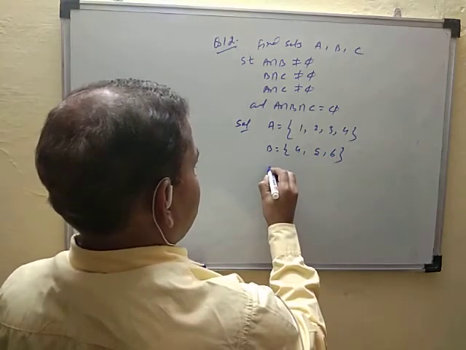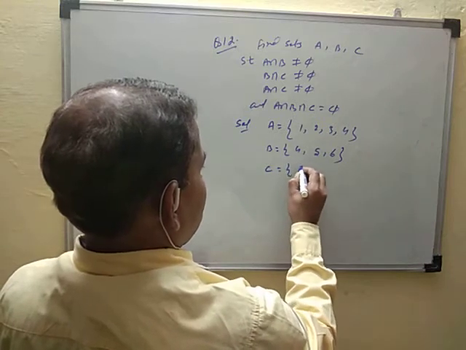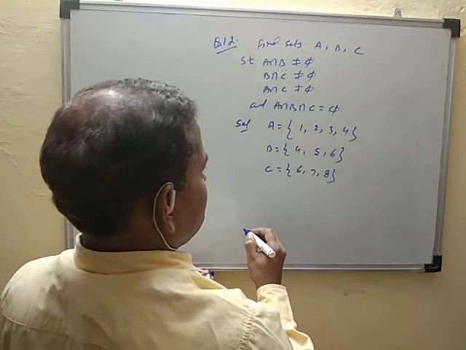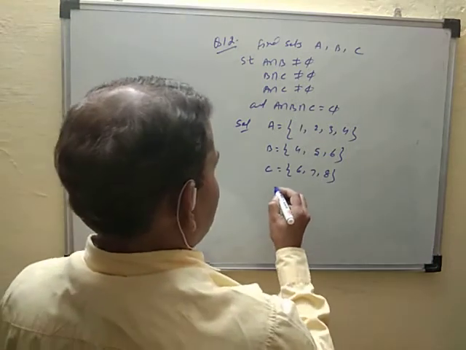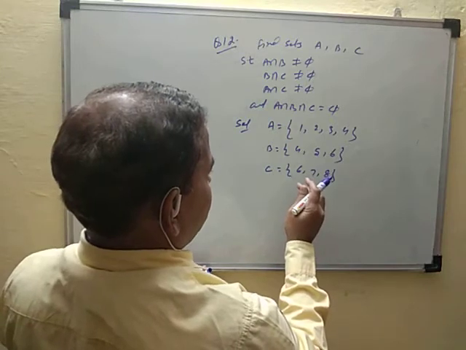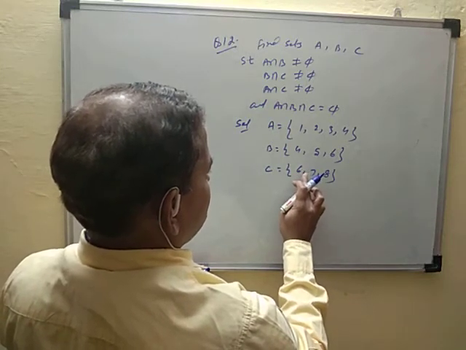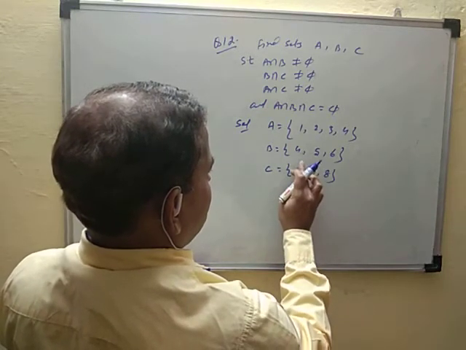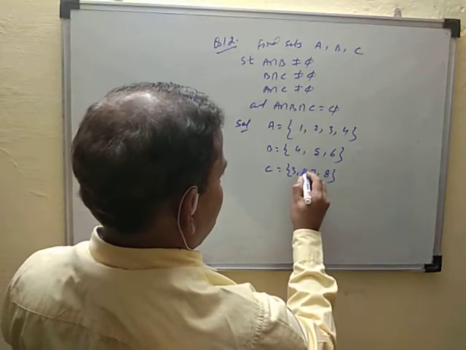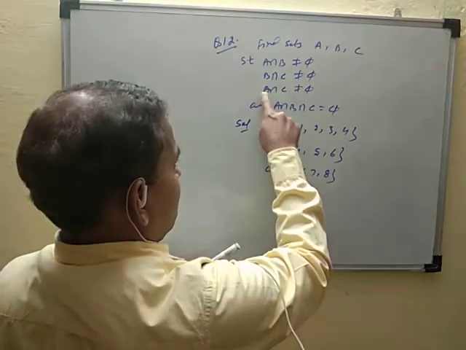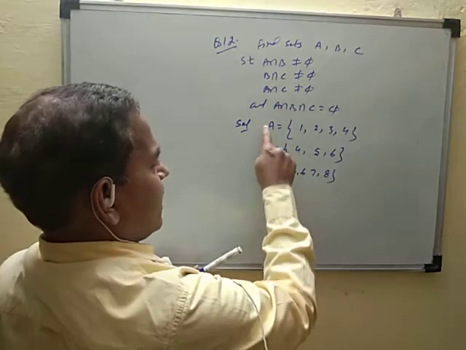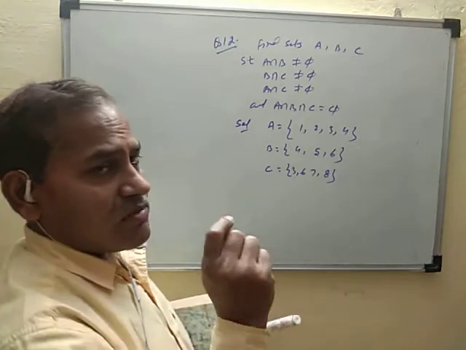Now suppose C is 6, 7, 8, and A intersection C is also not phi. So suppose here 3 and 6, because A intersection C is not equal to phi. That is, A and C have at least one element in common.